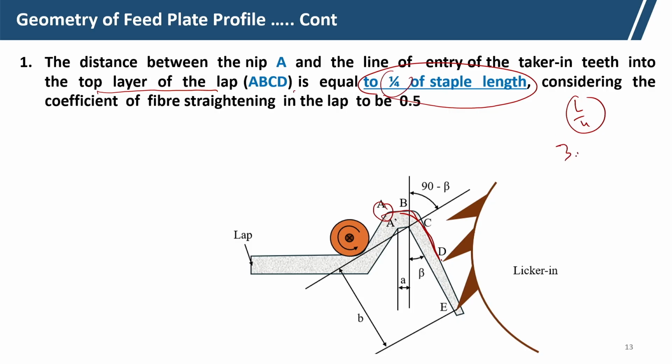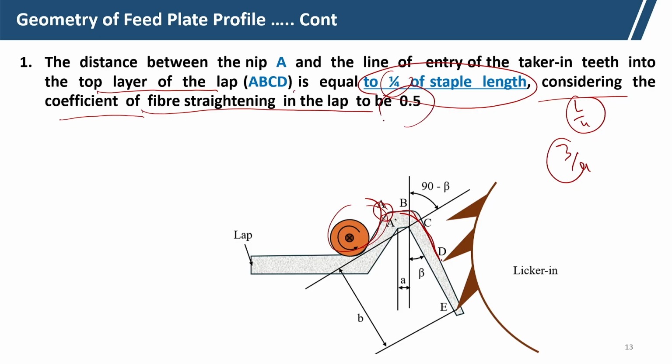So, the rest 3/4 are under the grip of the feed roller, and as it moves, it will keep on interacting with it. So, more and more opening action will be there. It consists of considering the efficiency of fiber straightening.